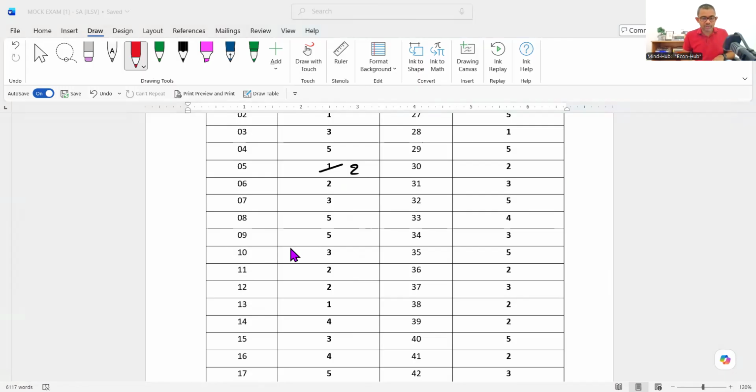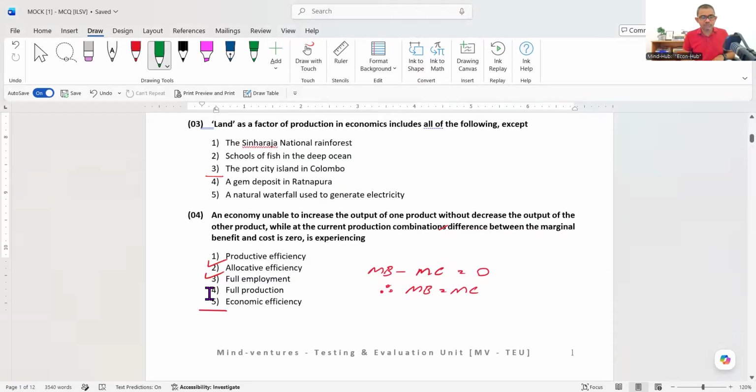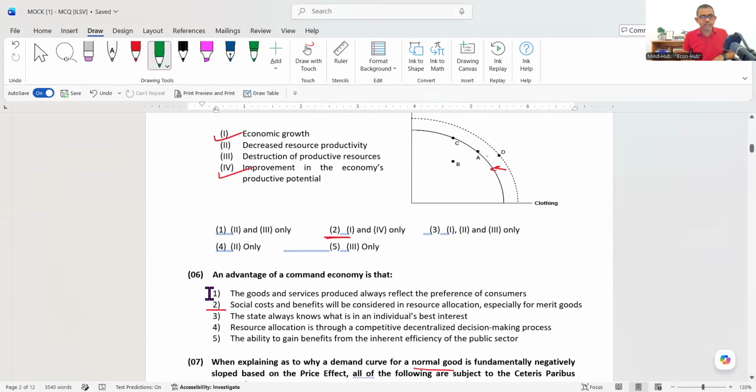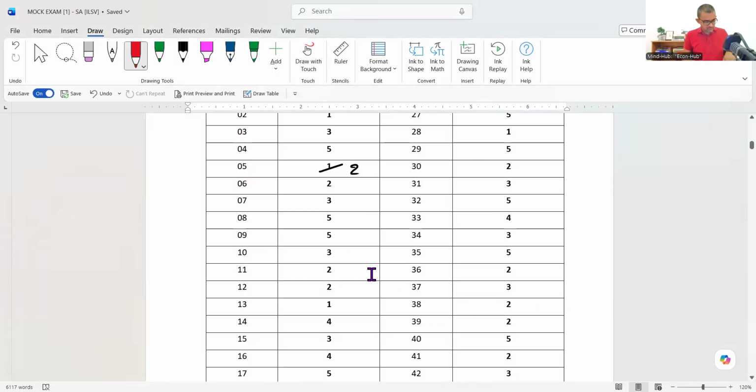There's a small issue, I think. Let me check again. Question 5, correct answer. Yeah, I marked it correctly. Correct answer is number 2. So when we mark, sometimes we might have marked for that, because I only saw this now. So please adjust in your answer grid. Question 5 correct answer is number 2, not number 1. Okay.